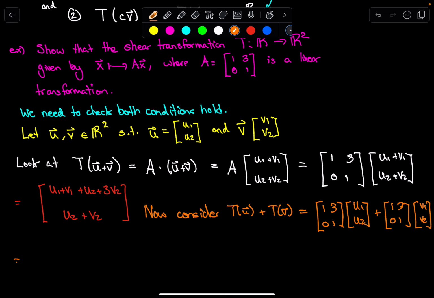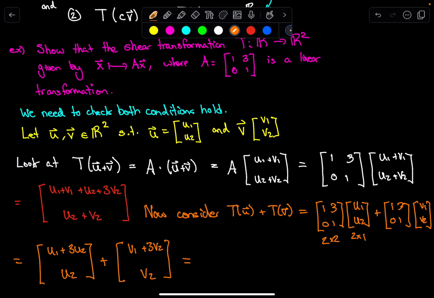So if we do that, what are we going to get here? Remember this is a 2 by 2 and this is a 2 by 1, so our result should be a 2 by 1. And so we get u1 plus 3u2, and then on the bottom we just have u2. And we're going to add this to what we get in the other one, which is v1 plus 3v2, and then a v2 here.